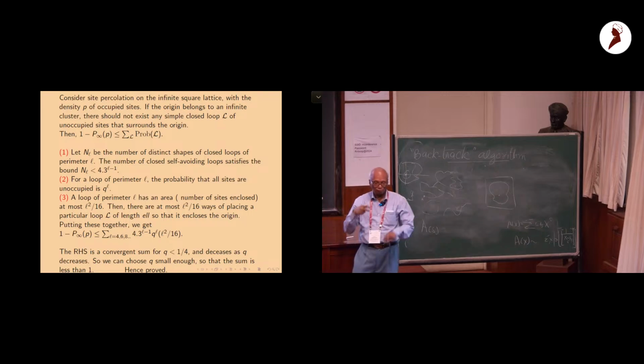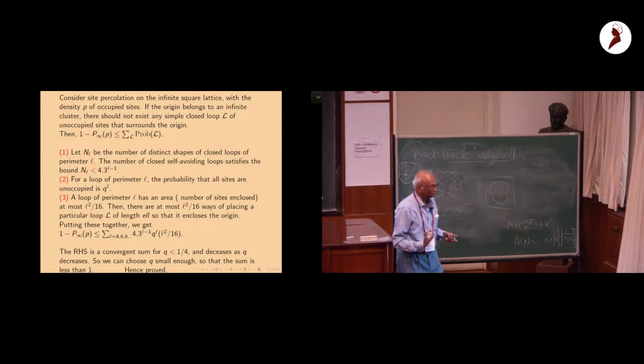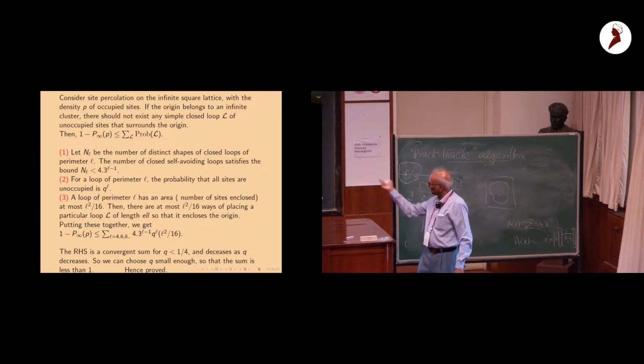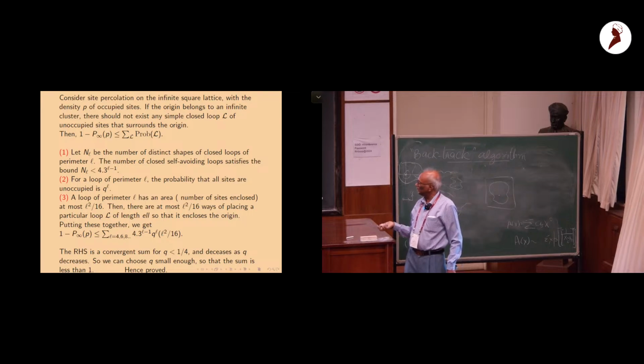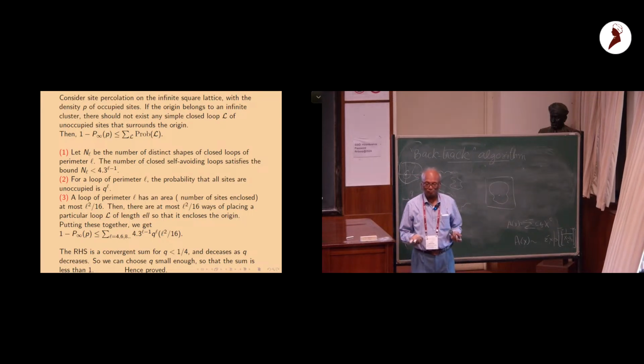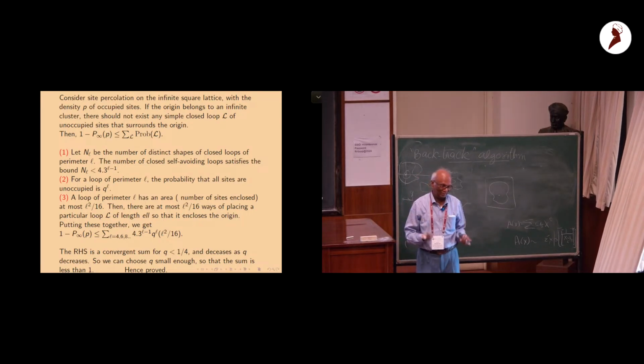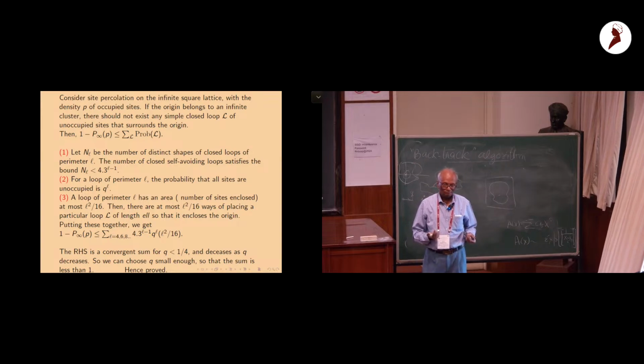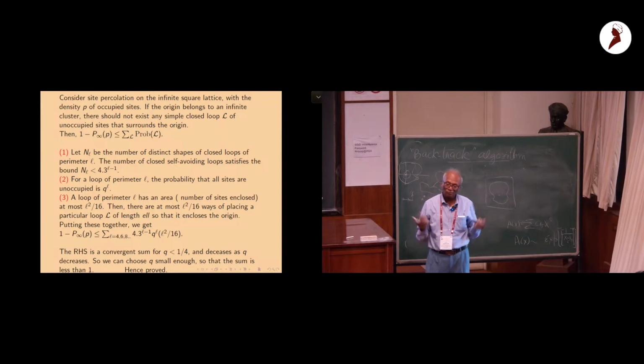Q to the power 4 is the lowest term you can write, right? So you can make it as small as you please, and so the left hand side can be made as close to 0, and the p infinity can be made as big as you please. It gives you a bound on p infinity. Okay? End of proof.